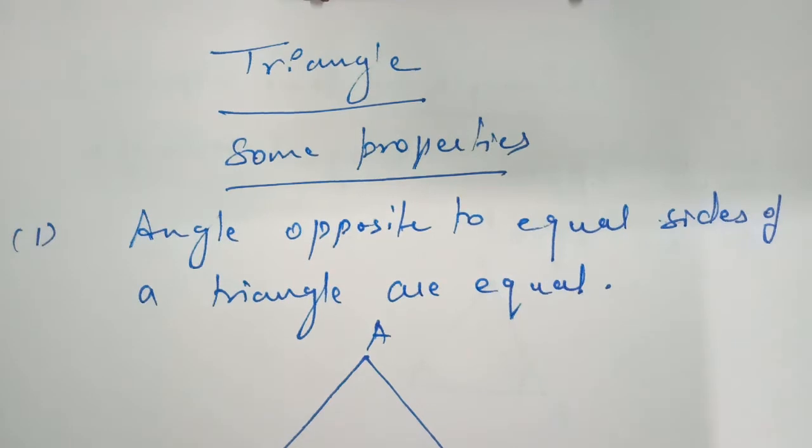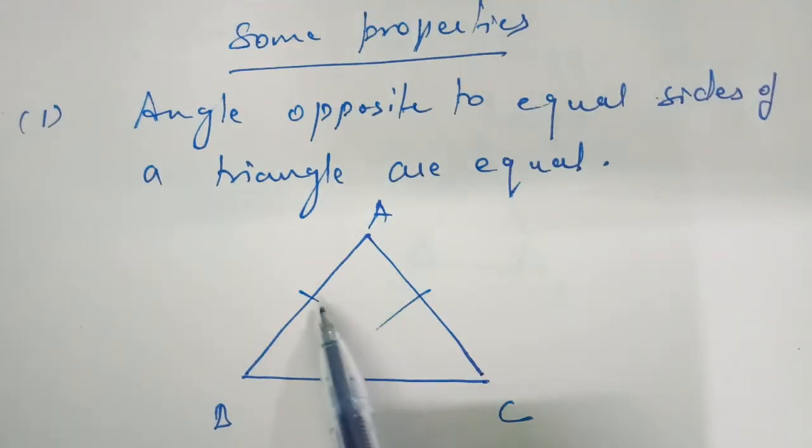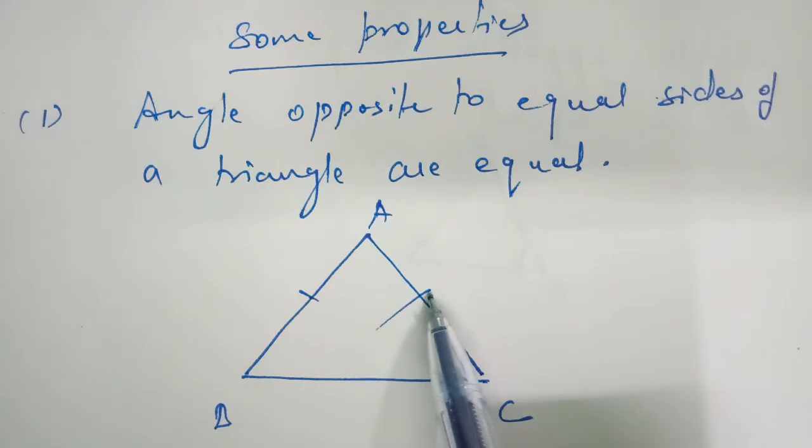us name it as ABC. It is given the side AB is equal to side AC. Then, according to this property, the angles opposite to these sides will also be equal.